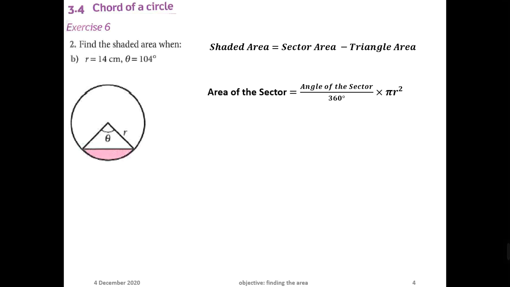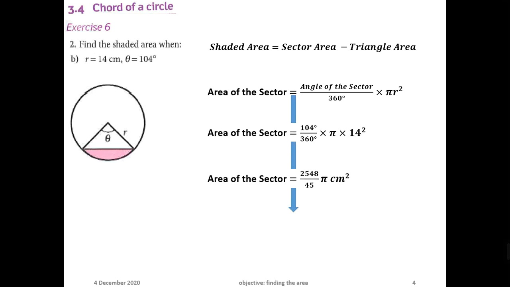For the area of the sector, we use the general formula: the angle of the sector, right opposite to the arc, over 360 times pi r squared. Substituting the given numbers, it's going to be 104 over 360 times pi times 14 to the power of 2. Insert this in the calculator and leave your answer in terms of pi because you're going to use this number again in the question.